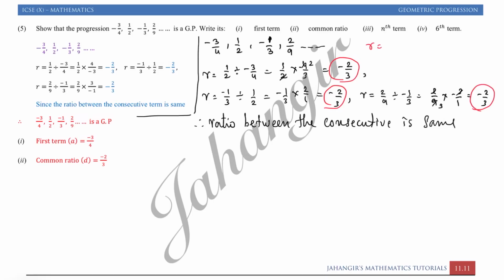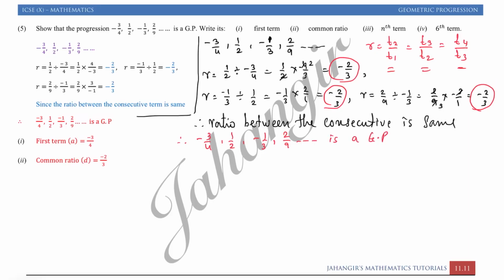In the first case we took T2 upon T1, second case we took T3 upon T2, T means term. The third case we took term 4 upon term 3. So in all cases we got same ratio. So if we have same ratio, then we can say it is a GP. So therefore I can write minus 3 by 4, 1 by 2, minus 1 by 3, 2 by 9 is a GP.